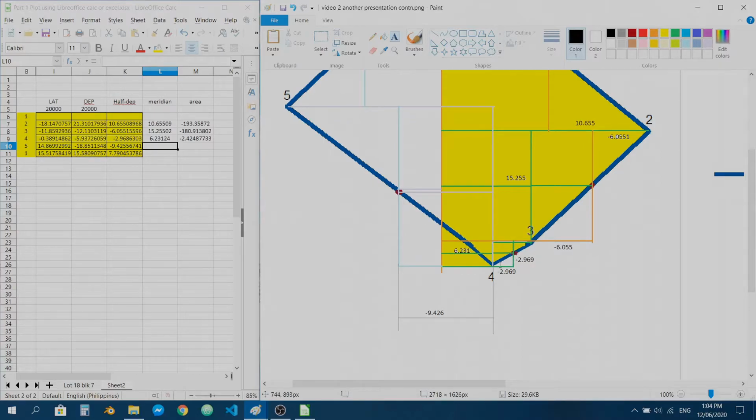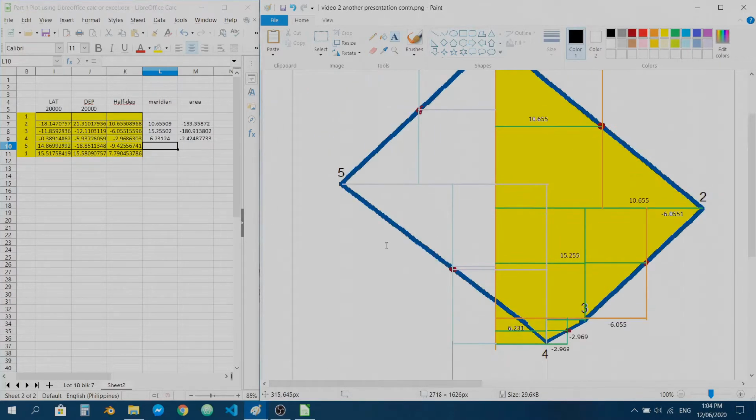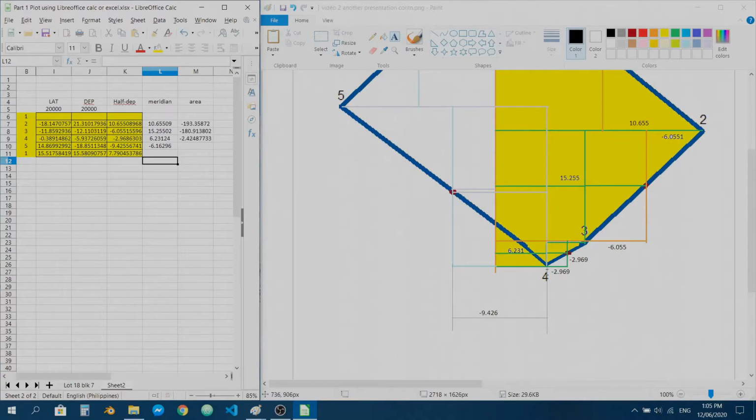We subtract this, so we have this now, and then subtract this from the present half depth, and we will get the meridian for line 4 to 5. Okay, so let's just add them up, since the sign convention takes care of the addition or subtraction. Okay, let's highlight it.